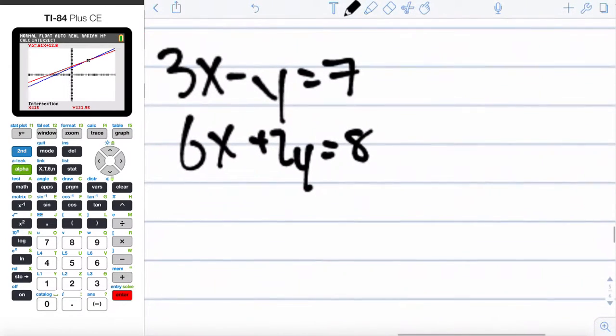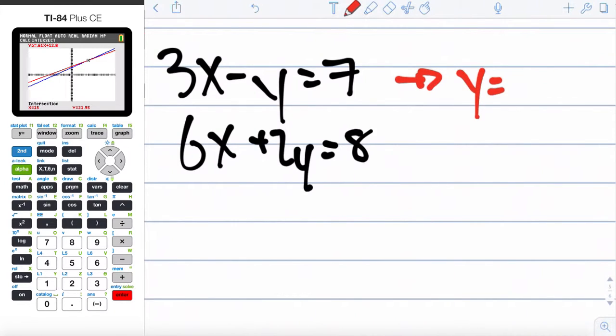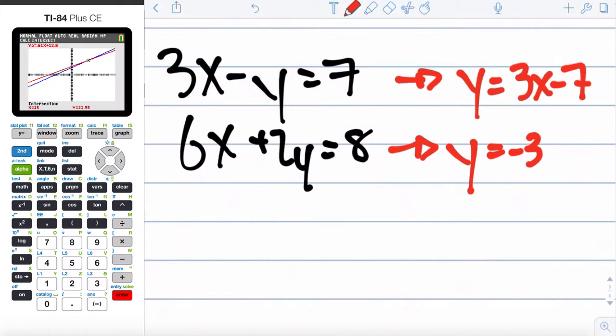Again, the easiest way to graph it is to put it in slope-intercept form, which says y is equal to 3x minus 7. And that says y is equal to negative 3x plus 4.